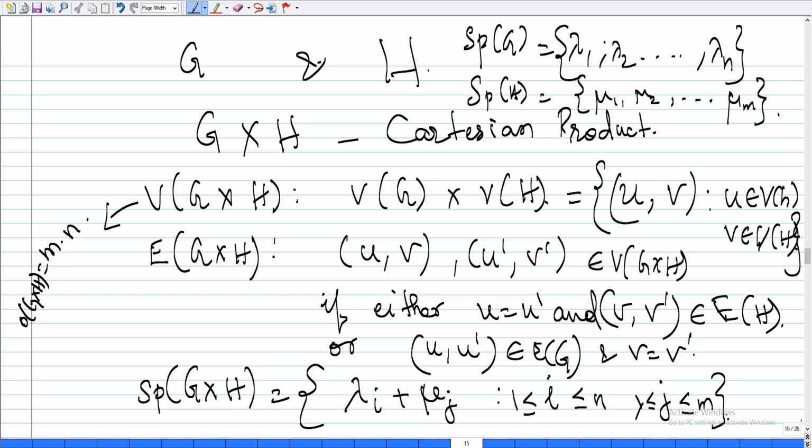Similarly, you take lambda 2 plus mu 1 and so on. All possible sums are going to be there, taking one from the spectrum of G and one from the spectrum of H. These properties give us a way to construct higher order graphs, higher order networks. When we go in for network analysis, we can do this from here also.